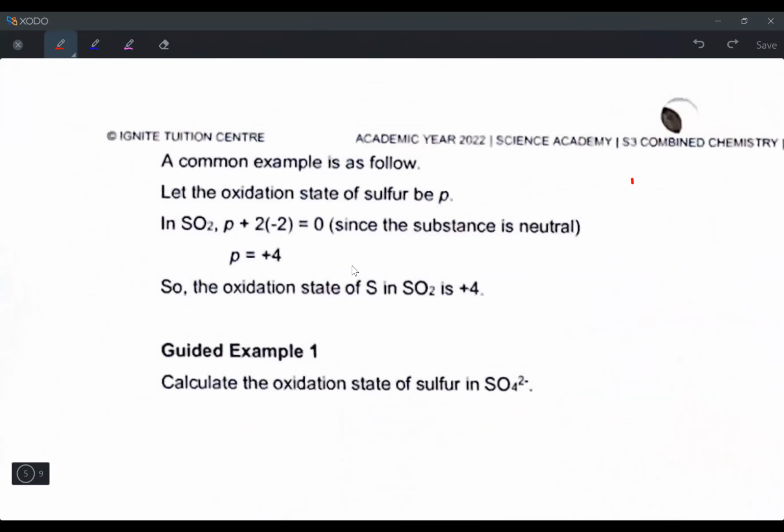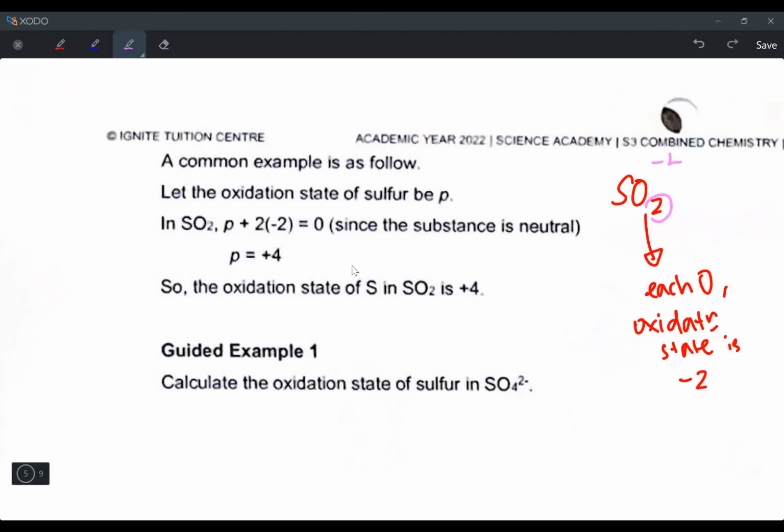For example, SO2. Oxygen, from the table just now, we already know the guideline is each oxygen has an oxidation state of -2. Since here you have 2 oxygens, the total will be -4.